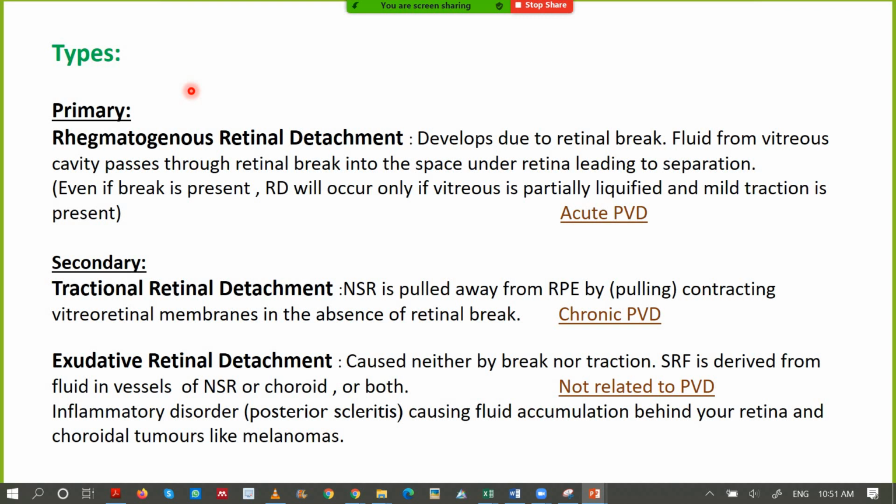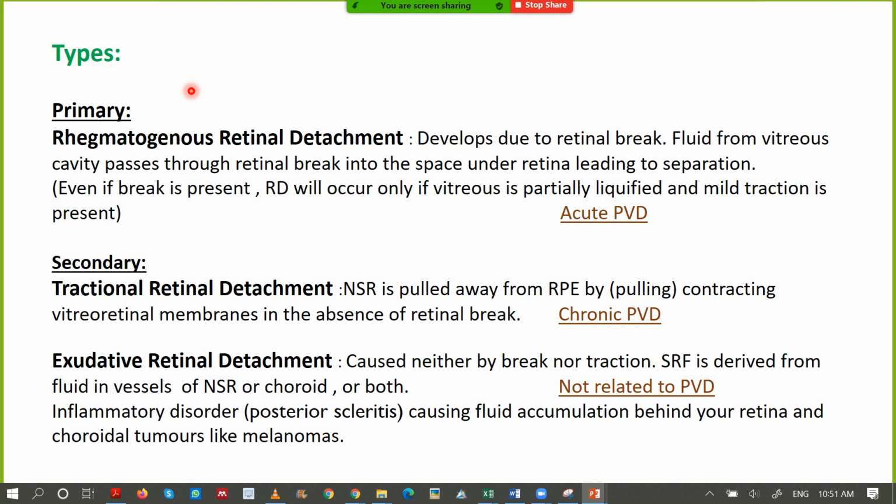It might be due to trauma or some external force as well. So when there is a break in the retina, the vitreous contents will start flowing into the retina, and then they will start accumulating between the neurosensory retina and the RPE, and that will detach both the structures.